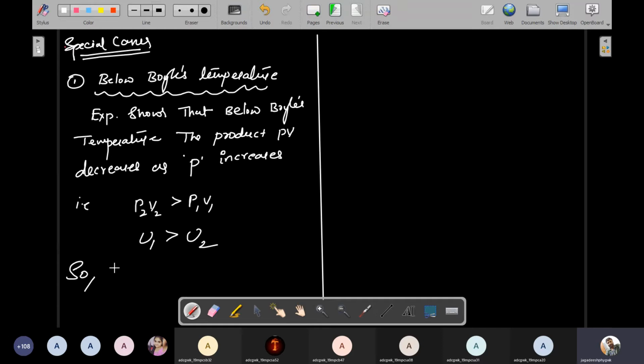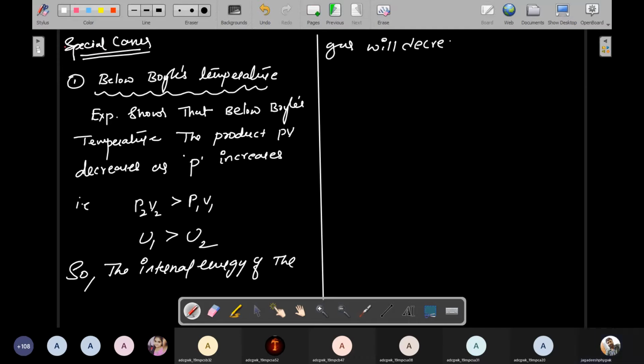So the internal energy of the gas will decrease. Understand what I'm saying? Below the boil temperature, the products are never equal. If the products are never equal, their internal energy is also never equal, because if the products were equal, their internal energy would be equal.